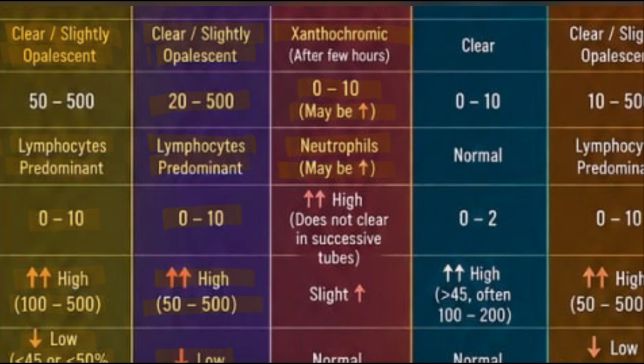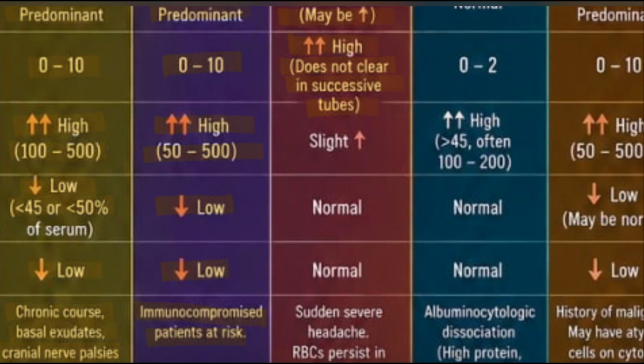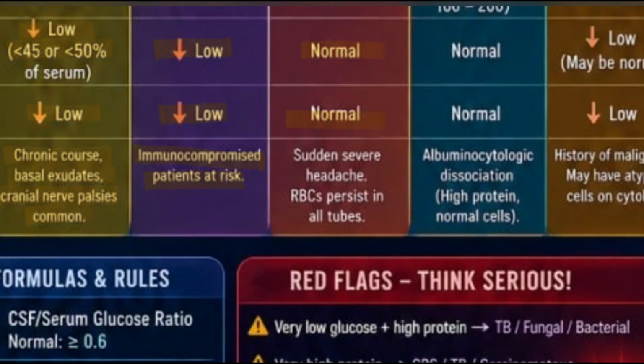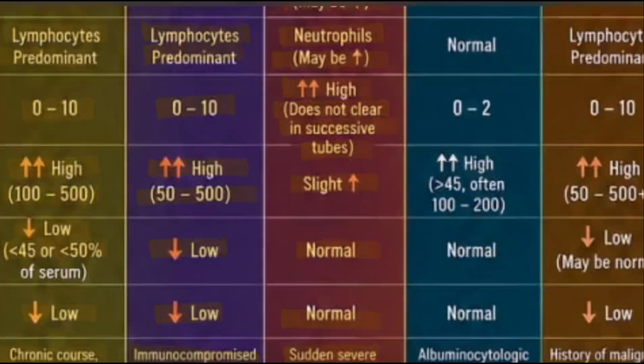The fluid is high or does not clear in successive tubes. The protein will slightly increase, and the glucose and chloride will be normal. If a patient has subarachnoid hemorrhage, the patient will get a sudden severe headache, like a sudden thunderclap headache, along with RBCs persistent in all tubes.